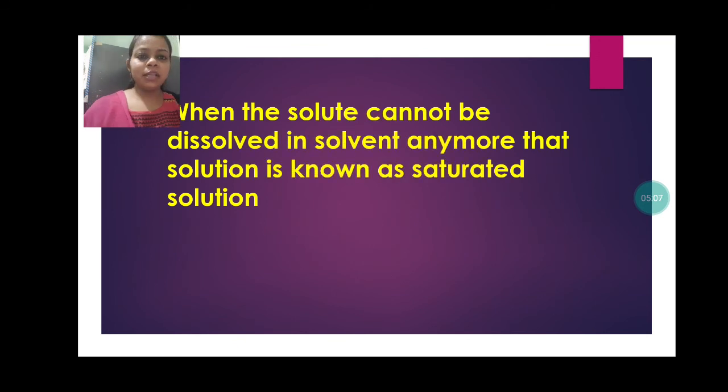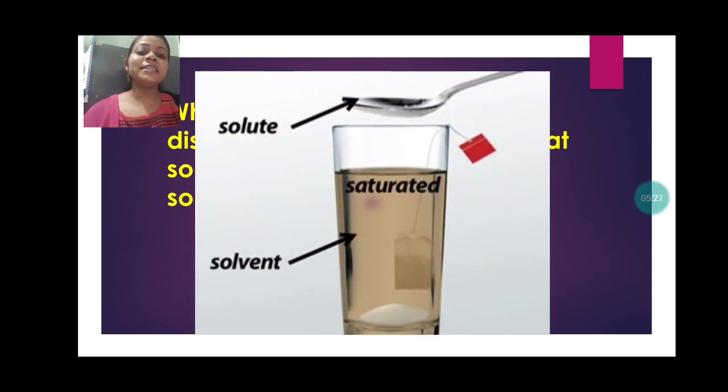Next, we are going to discuss a situation that will come when you are adding sugar in a glass of water. The sugar will stop dissolving. Okay, when the solute cannot be dissolved in the solvent anymore, that solution is known as saturated solution. Saturation is that level or situation in which no more solute can be added in the solvent.